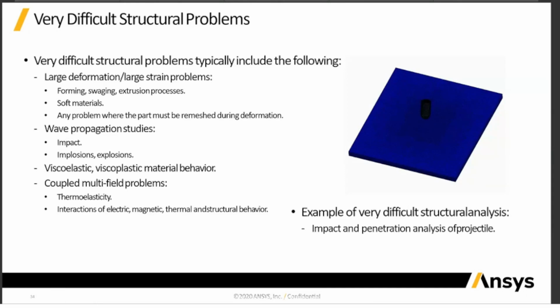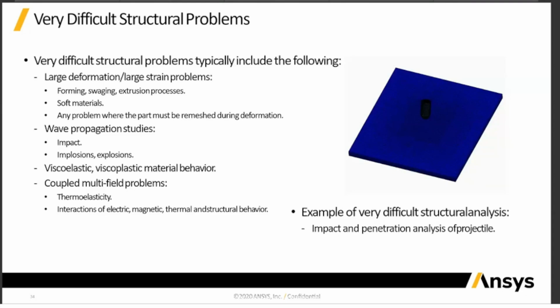Such occurrences are related to explicit dynamics, and those problems also can be solved with the simulation. An explicit solver is also available. There is Autodyn, LS-DYNA, where you can simulate such occurrences, such as impact or explosions or implosions. We have the Autodyn solver where you can simulate such occurrences.